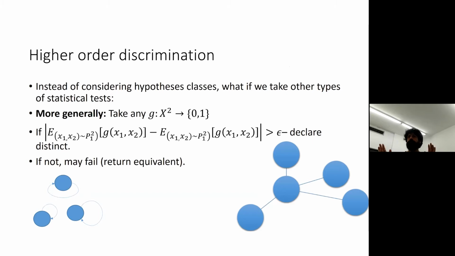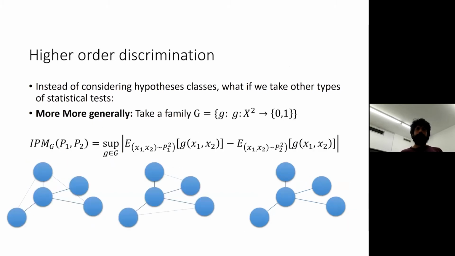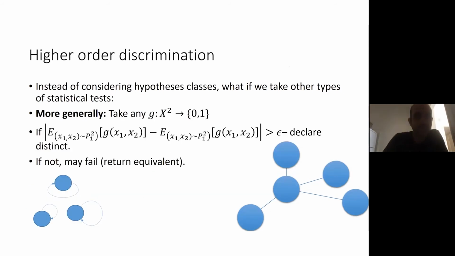What is the graph here? How is it defined over the domain? Now we can take it more generally. To clarify, before you defined the distance over distributions by taking a family of events, the class, and taking the supremum.